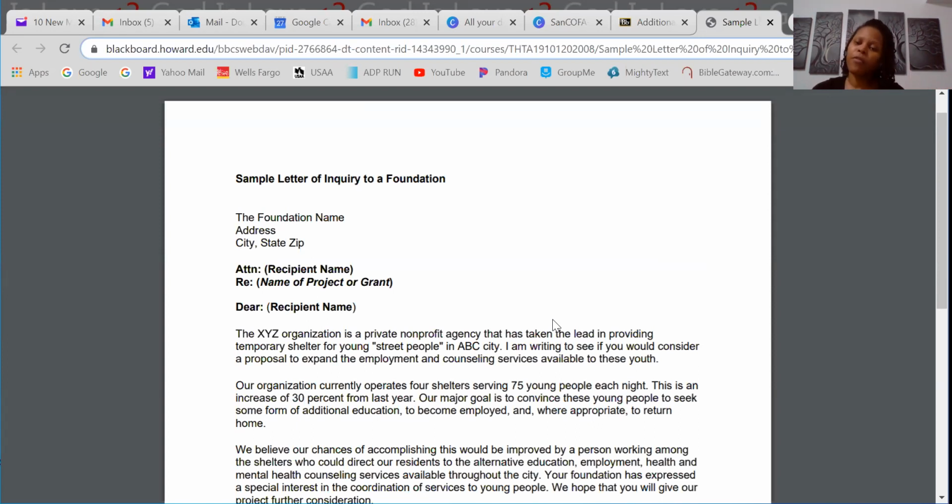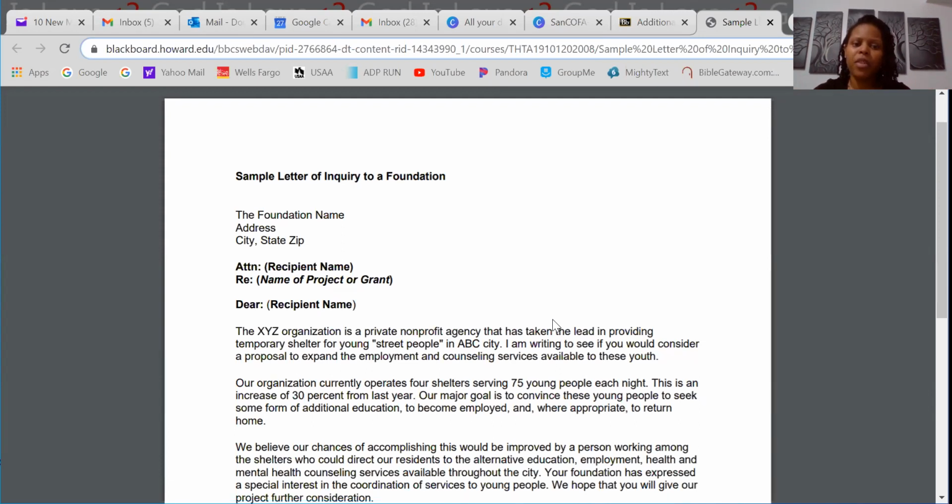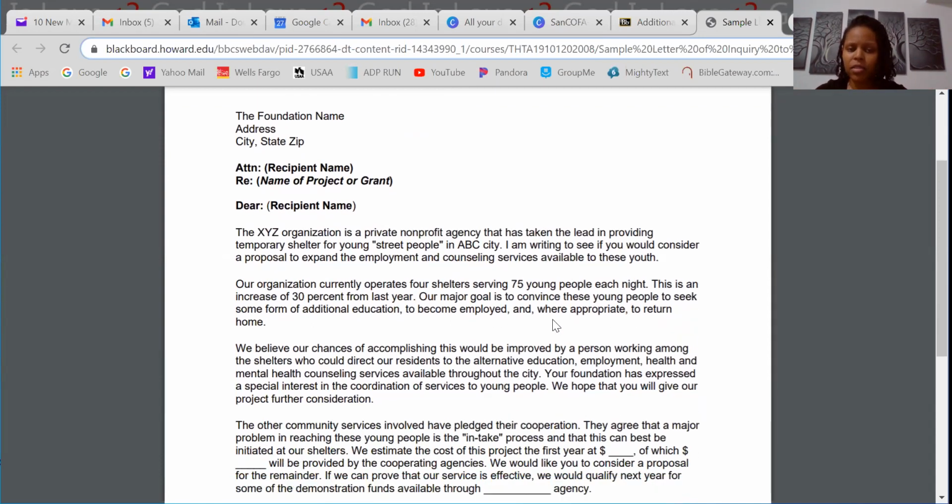Some of these formats, you will see that individuals have decided not to name the project or grant. They do it in the letter or what have you. But again, that's what I mean by there are different ways to format and place how you want your reader to see your information.